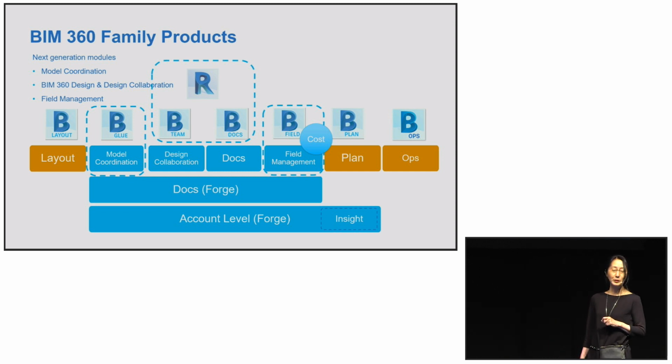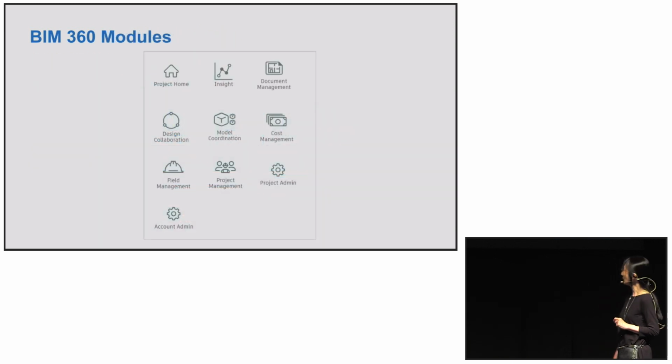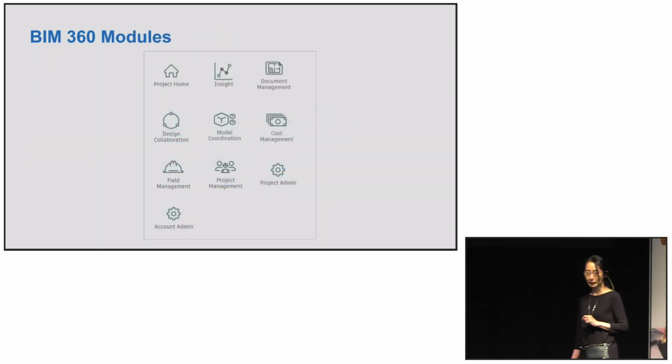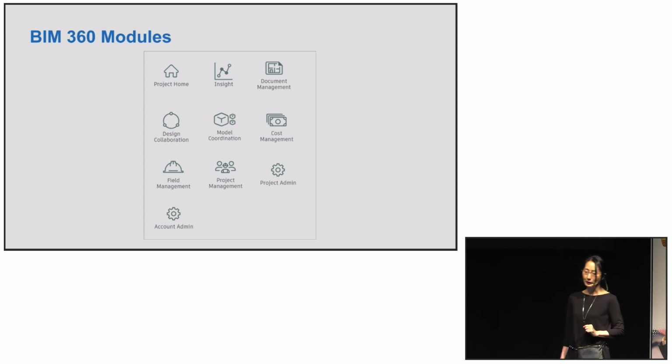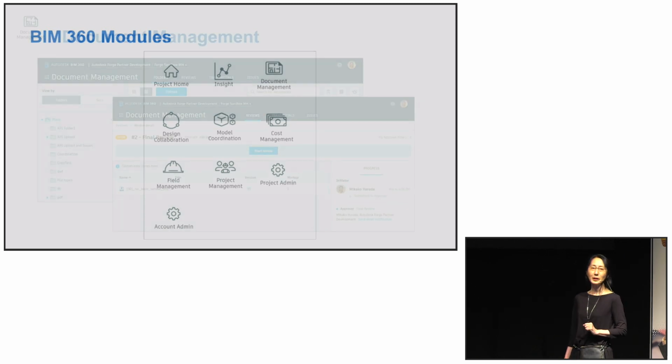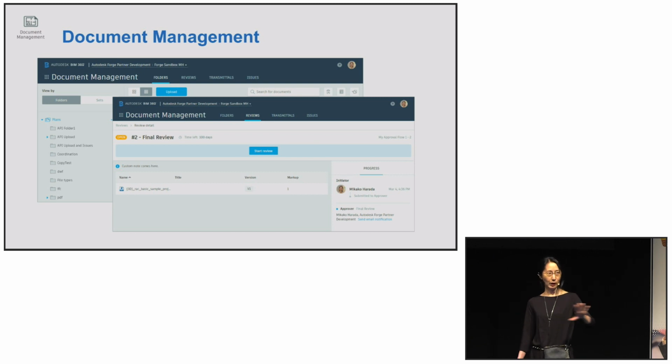So right now, BIM360 has these ten modules. As you may see, I put model coordination in the center for today, along with design collaboration, etc. Document management is the basis. It's common across the different BIM360 modules, and is all about saving and manipulating documents. The next module is design collaboration.